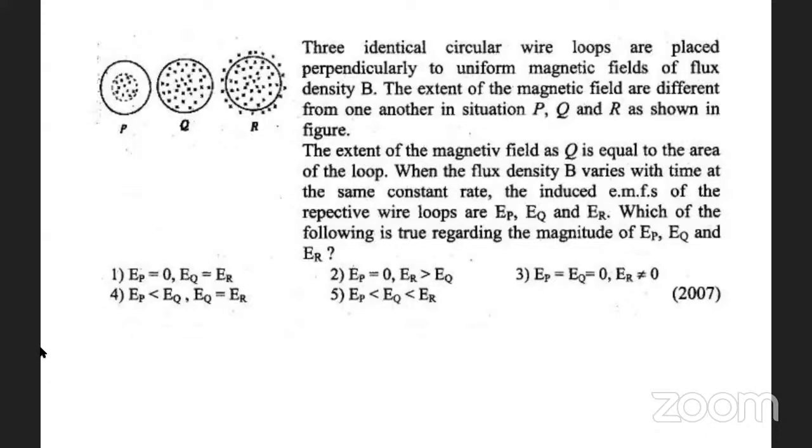The extent of the magnetic field in Q is equal to the area of the loop. You can see that in the diagram, it's equal to the area of Q.